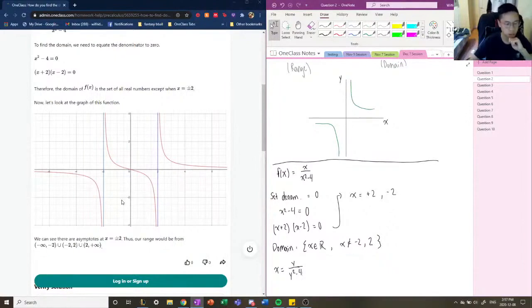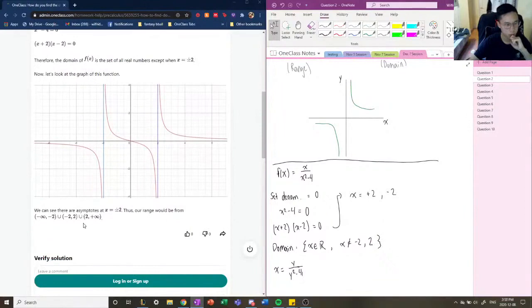So in fact, the range would just be -infinity to positive infinity. Our asymptotes x equals positive -2. Thus, our range will be from -infinity to -2.